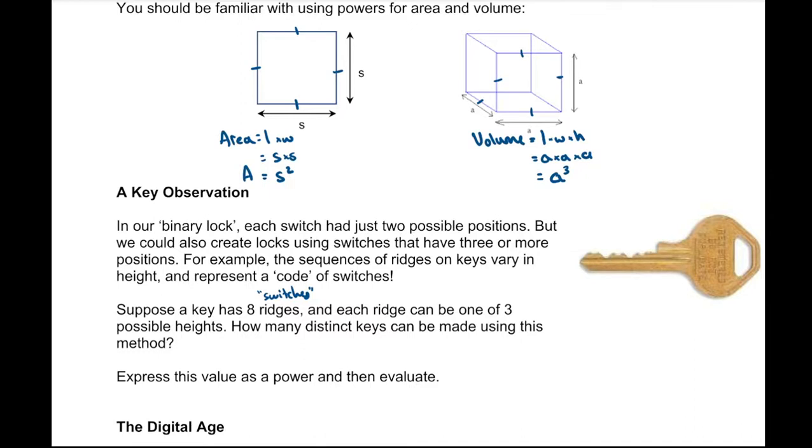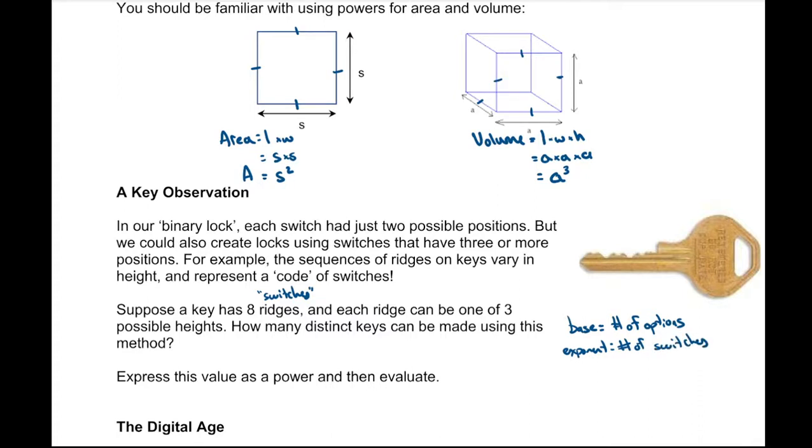Similar to before, our base represented our number of outcomes, or number of options, you could say. And our exponent, the small number that we raise it to, was the number of switches.